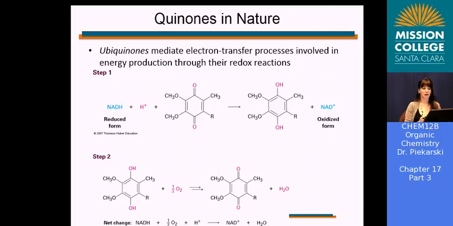You probably will study this in the future if you're going to take biochemistry. And you can see, like in step 1, we have NADH, the reduced form, which is oxidized into NAD+. And we use this ubiquinone to do the reaction under acidic conditions, because we're in the mitochondria there.